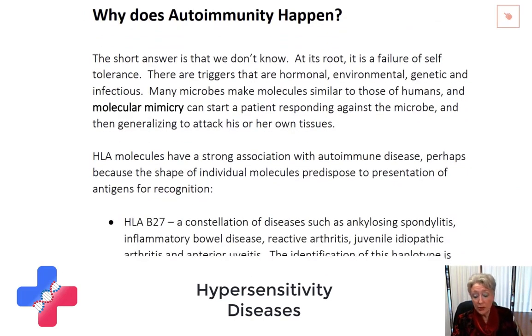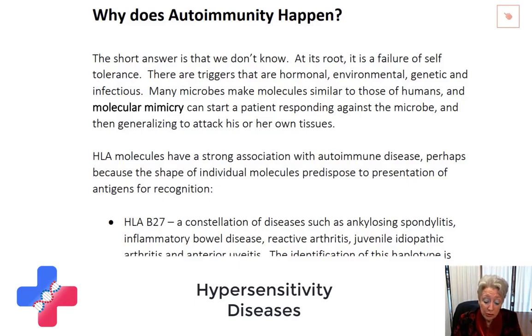So that brings us to a discussion of why autoimmunity happens. And honestly, we don't know. I think it shouldn't surprise you that most of these onset after childhood, because the master organ of your immune response, which controls self-tolerance, is of course the thymus, and the thymus is gone by the time an individual hits adolescence.